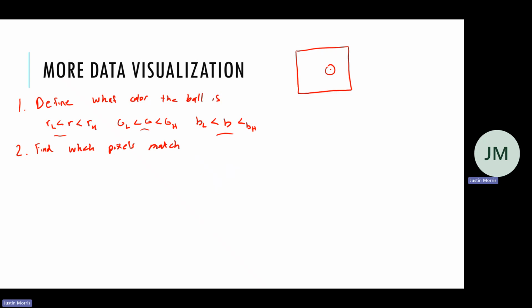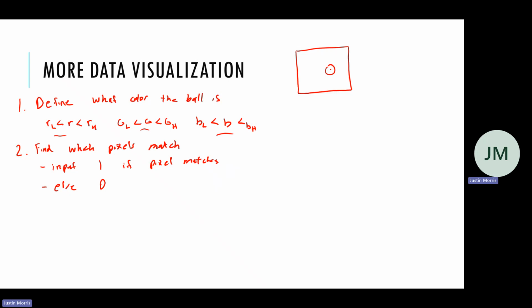We just want the locations. So when we find which pixels match, we're then going to input 1 if the pixel matches, else 0.